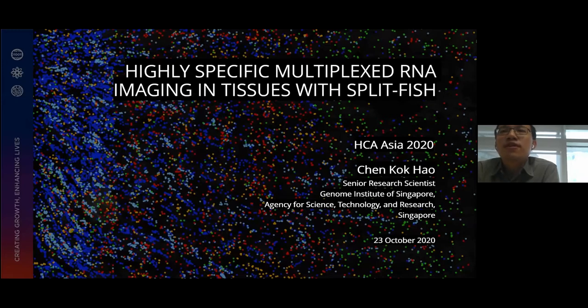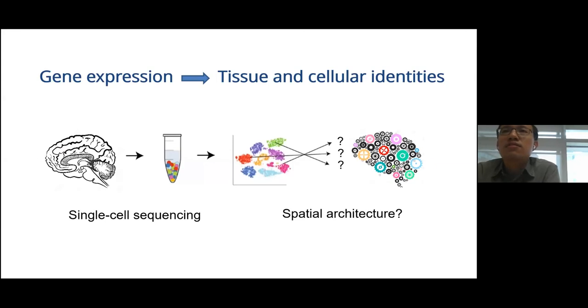So, a brief introduction. We are all interested in identifying the tissue and cellular identities in different systems. In single cell sequencing, you can get really very detailed molecular information. What we are interested in is finding out where these cell types are located in the tissues.